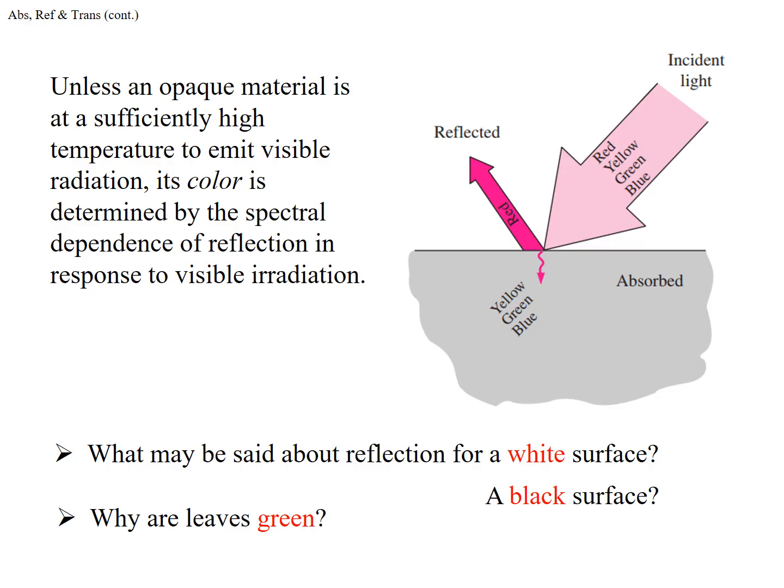When everything gets reflected, it appears white. And when nothing gets reflected to your eye, you don't see anything, and that's how things look black. So when you see something black, it's because there is no color reflection to your eyes. It's your perception of that object that's black, but basically there is no reflection from that object to your eyes.